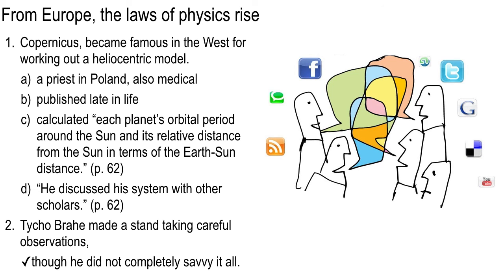And the interesting thing about Tycho Brahe was he made an alternate to the heliocentric system, with the sun at the center and all the planets orbiting the sun, and the moon orbiting the Earth. His system was the sun orbiting the Earth, so that's geocentric, but all the other planets orbiting the sun.